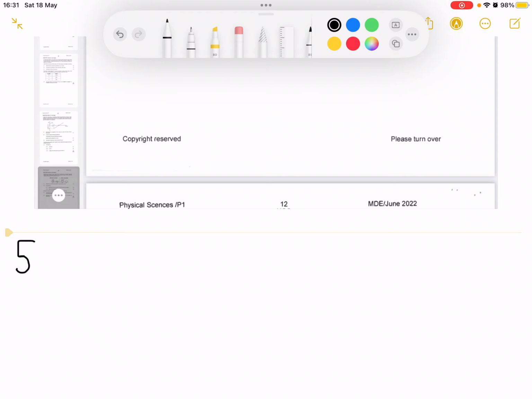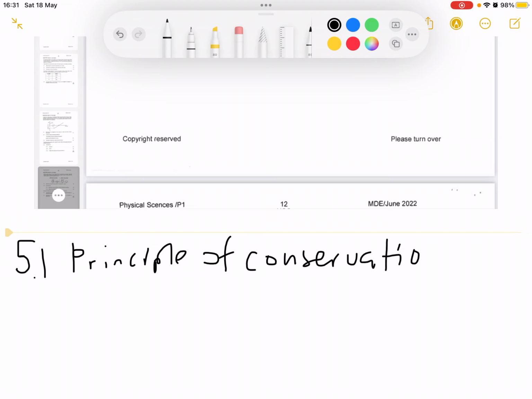At 5.1, they want the principle of conservation of momentum.